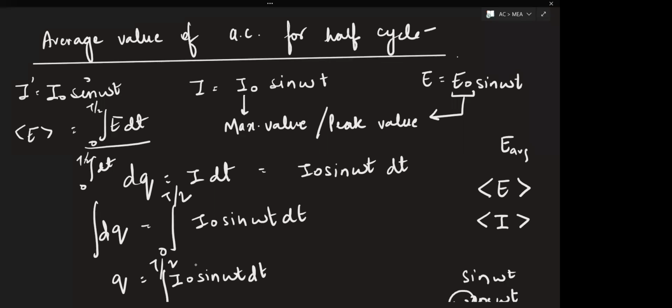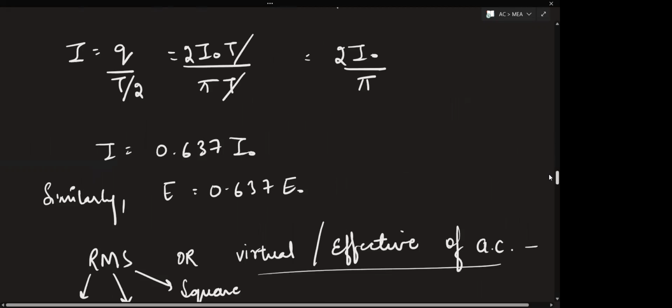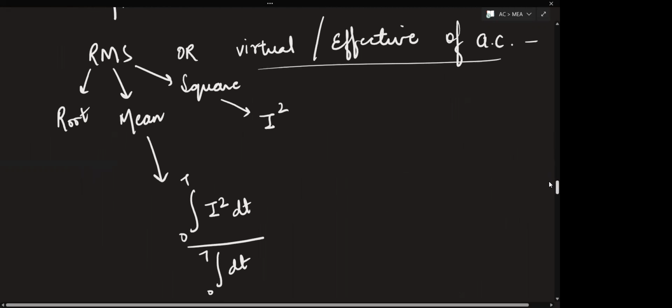Like this you can derive the entire thing and get the value as 0 for the full cycle and the exact value for the half cycle. You can do that derivation also. Just check in your school how it is done.